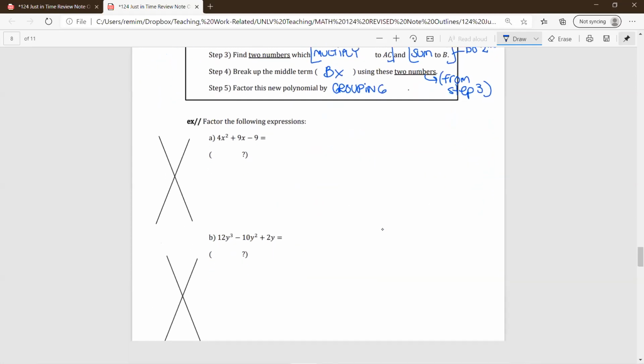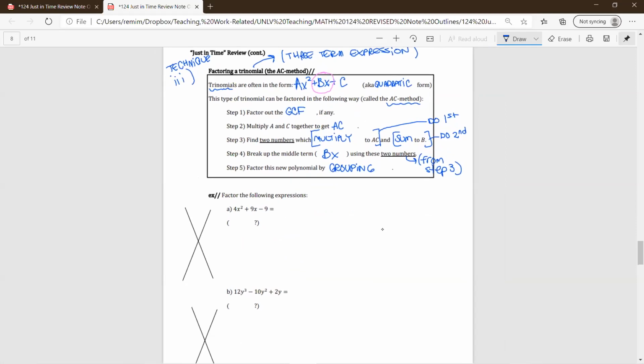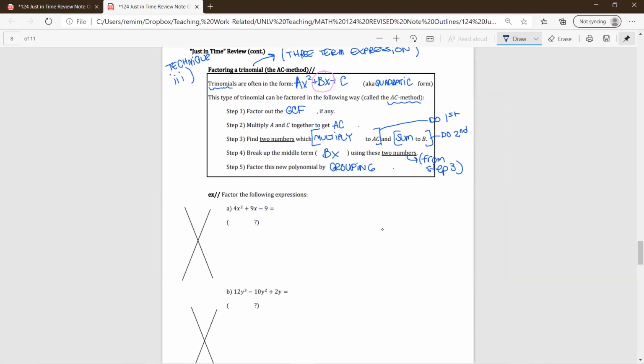All right, so let's do some examples of this. If you look at these big X's on the left side, you don't have to use them if you don't want to. They're just kind of like a visual aid if you like that type of thing. I actually didn't even use them for the first 25 years of my life.